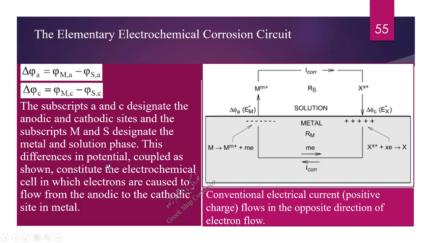These differences in potential, coupled as shown, constitute the electrochemical cell in which electrons are caused to flow from the anodic to the cathodic site in the metal. As mentioned before, conventional electrical current flows in the opposite direction of electron flow.